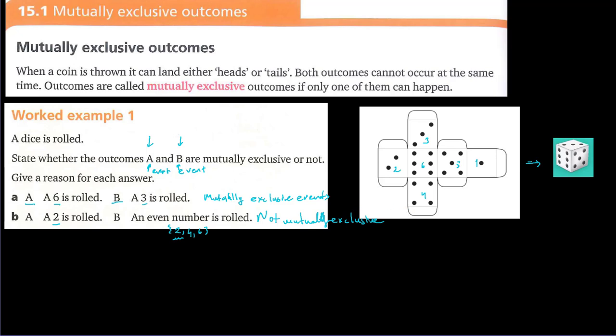Okay, let's continue with the sum of the probabilities of mutually exclusive outcomes. When you roll the dice, there are 6 possible outcomes.